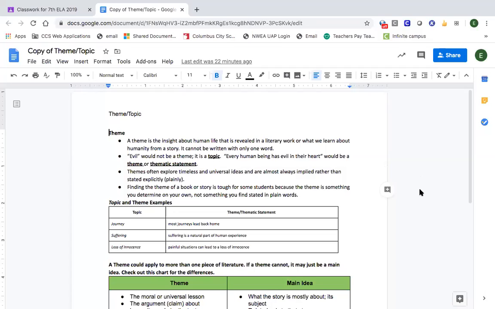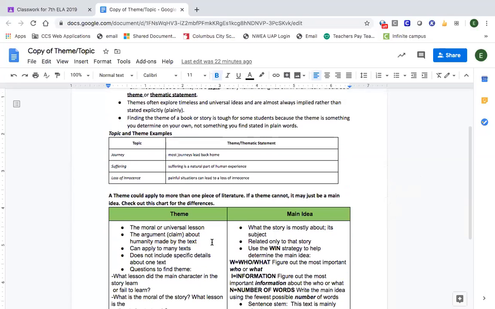So finding a theme of a book or a story can be challenging because theme can be something you determine on your own, and maybe it can be different for every person, what they're getting out of that text. Also, if that's true, then you just need to be able to defend that with the evidence from the text.